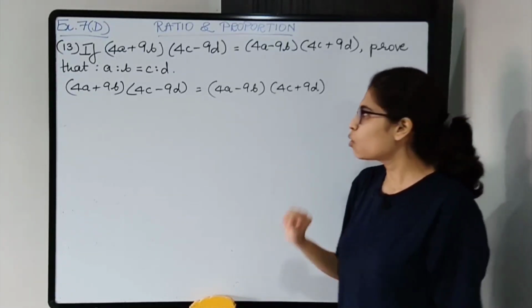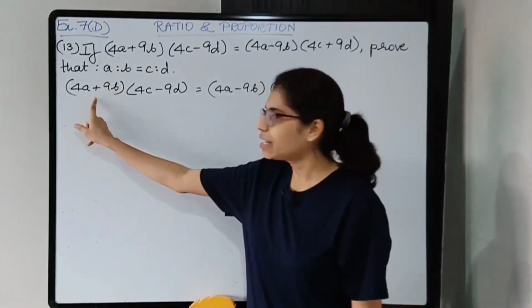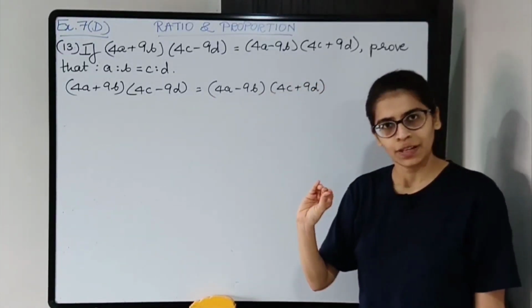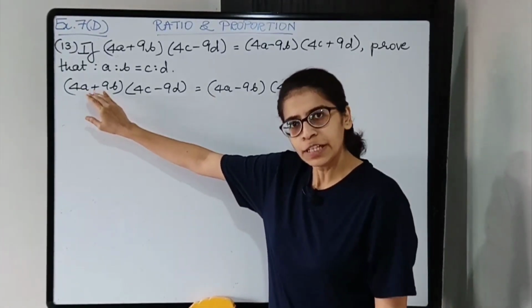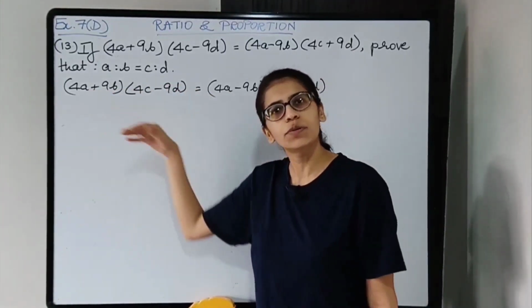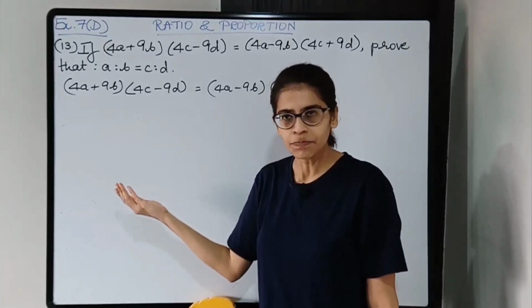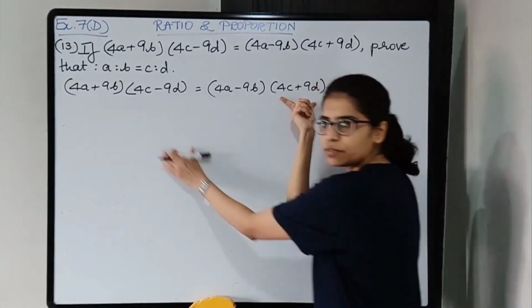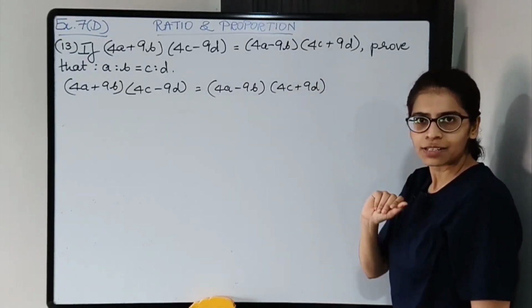Always keep the plus sign one in numerator and negative one in denominator. So 4a plus 9b will keep in numerator and 4a minus 9b will shift over here, so it will go in denominator. And this will keep as it is and this will shift, so it will go in denominator.